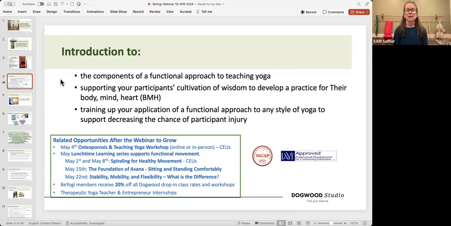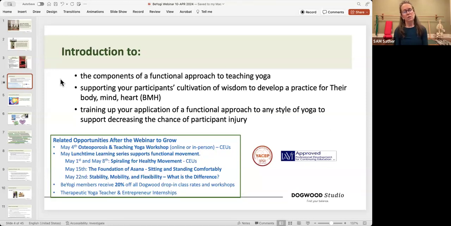My goal is to support your participants' cultivation of wisdom, to develop their practice, not just follow your practice. And how do we teach that? Not, this is my favorite teacher, I've got to take that teacher's class. More so helping them develop this wisdom of their body, mind, and heart, their practice.